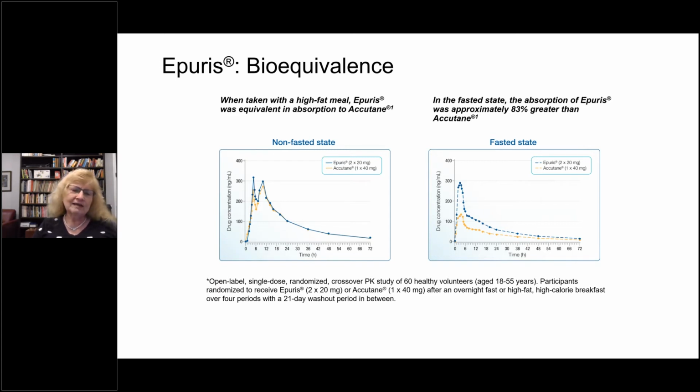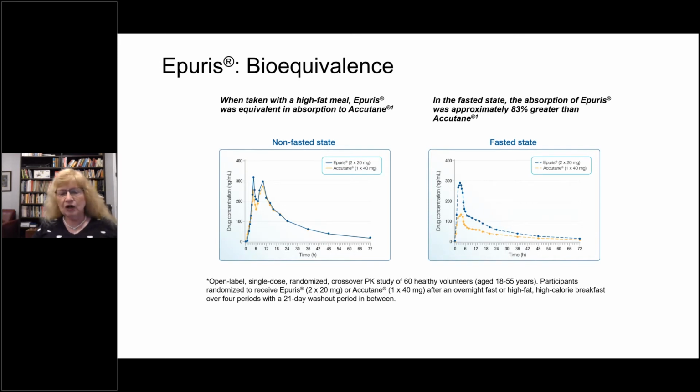It was looking at taking it with food, because it really wouldn't be fair if you said, okay, well, we know that Accutane doesn't get absorbed, but Epuris does. So we said, okay, we're going to put them on equal footing, so they both took them with food. And I will show you some results of how similar the results are.